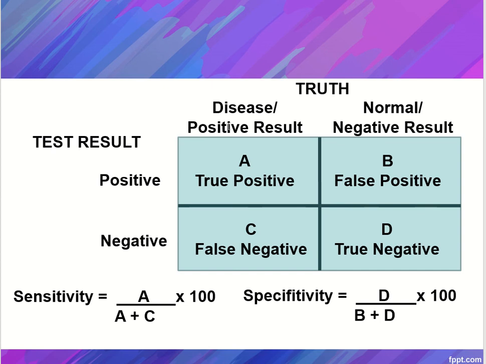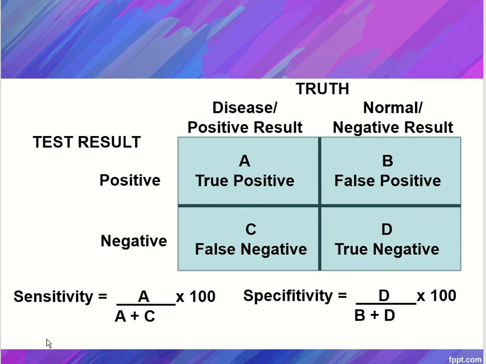The one who has the disease or positive result, and your testing result says it is positive, you plot it here, and same goes with another area, and then you have to do the calculation.